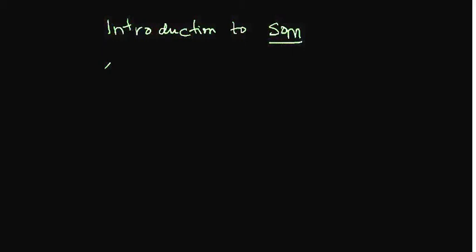Now, failure of a member may occur when it is loaded beyond its capacity to resist fracture, general yielding, or excessive deflection. Excessive deflection can also be termed as instability.